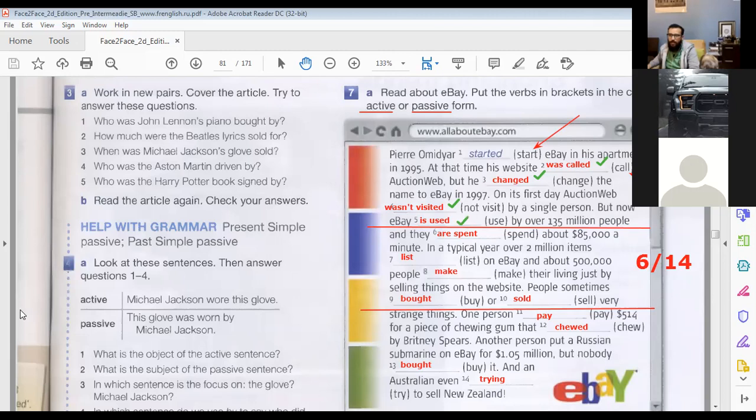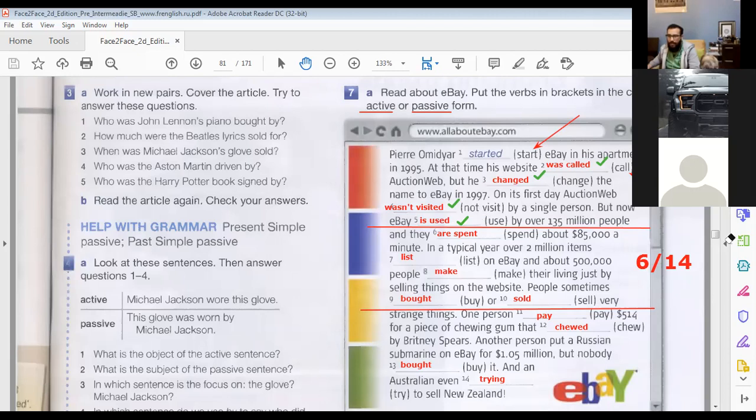It's passive, because the agent is mentioned after it: by over 135 million people. These are the ones who use it. And we use is because it's present. It's present simple passive. So this is correct.